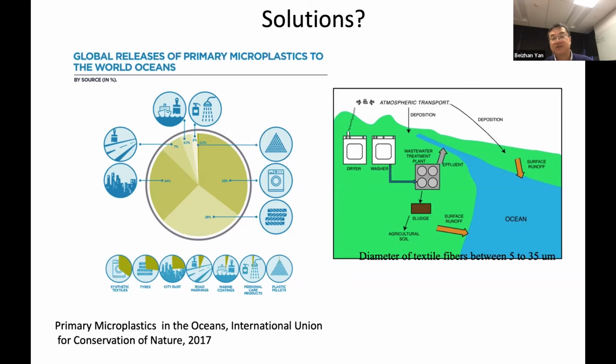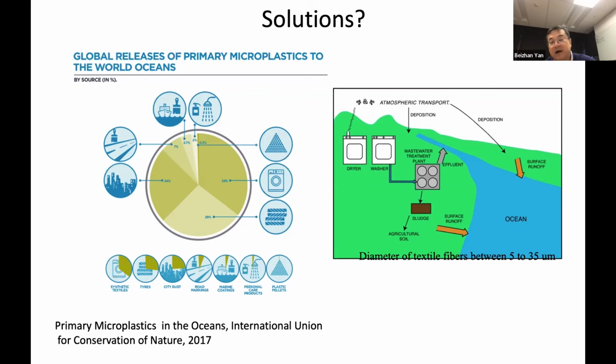After the sludge comes out of the wastewater treatment plants, it has several destinies. One is incineration: some of the waste sludge goes to other states and is burned there.